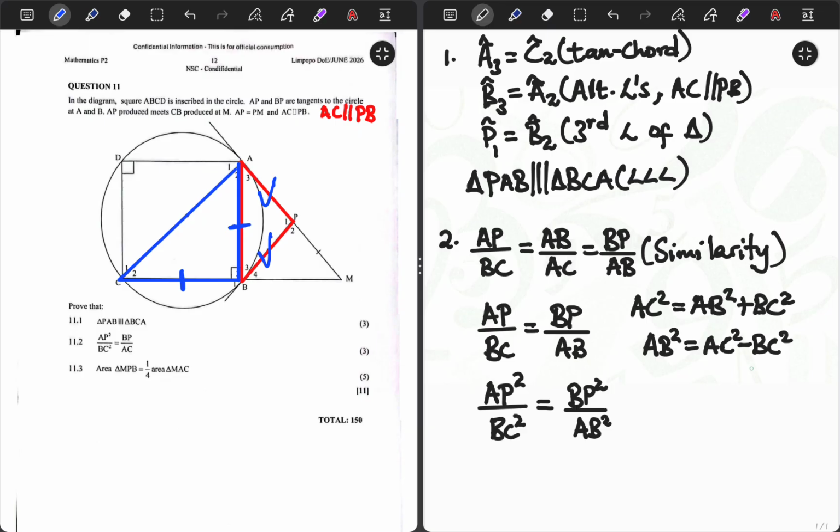And let's not forget that BC is the same as AB.